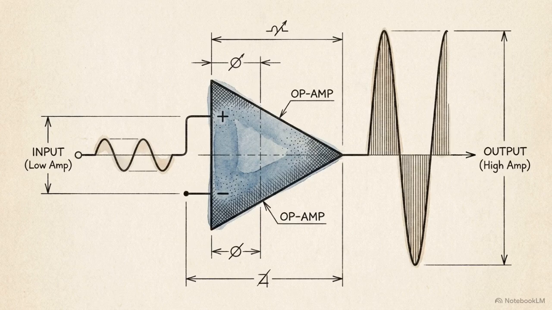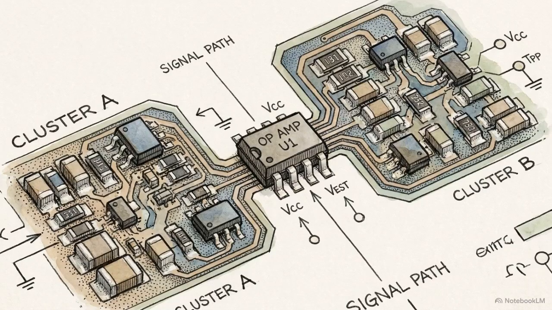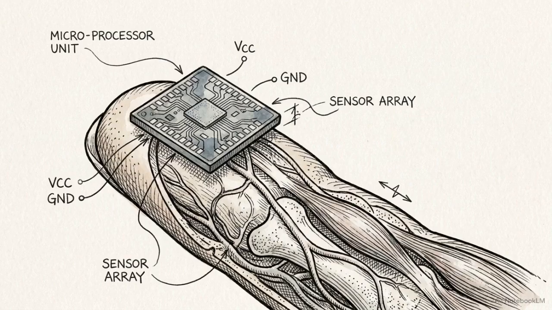These active circuits also provide signal amplification, or gain, which a passive filter cannot offer. Additionally, op-amps provide high input and low output impedance, isolating different circuit stages to prevent loading effects. This active approach allowed engineers to integrate complex filtering math directly onto lightweight microchips.